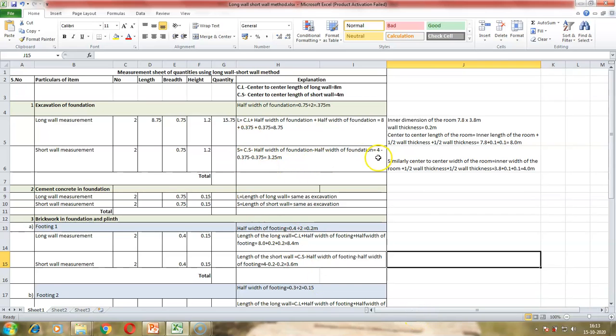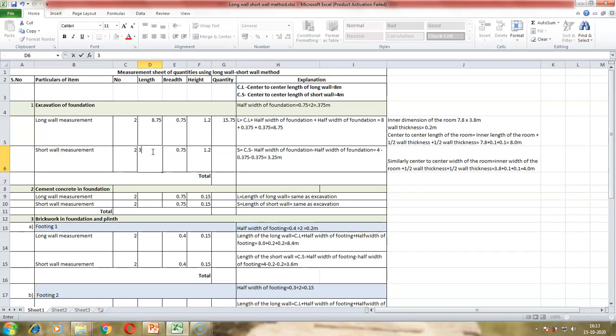So we have 4 minus 0.375 minus 0.375, which is 3.25 meters. We'll add that here, 3.25 meters. Remember, we are following the same unit of measurement for all the items. So how do we find the total short wall quantity?